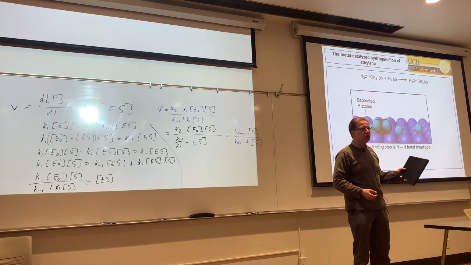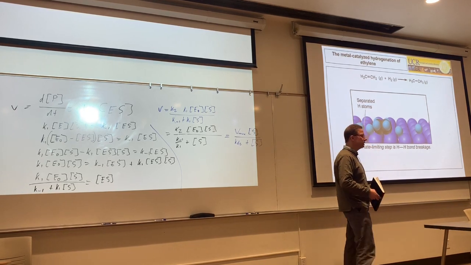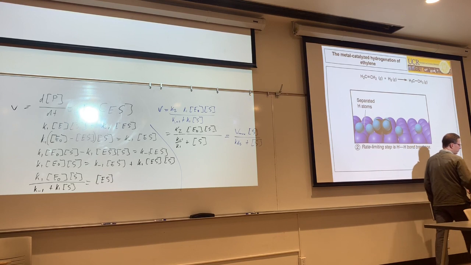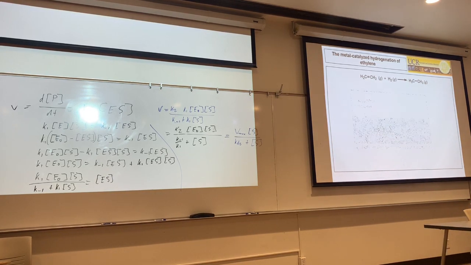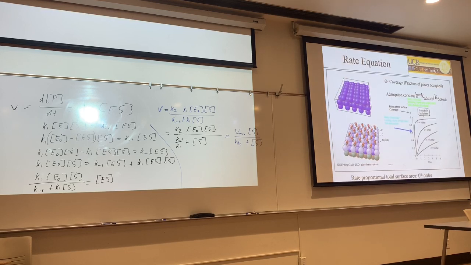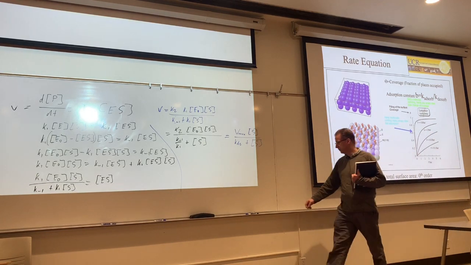Sounds trivial if I'm showing pictures like that, but it wasn't trivial when Mr. Langmuir found that out about 80 years ago. And so after him, there is named the Langmuir model of adsorption.